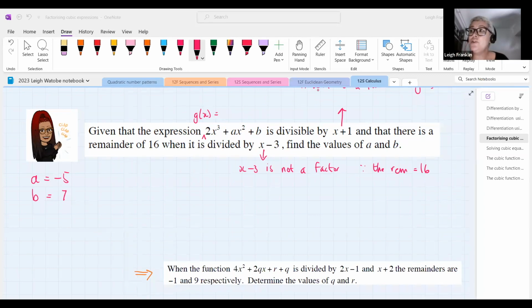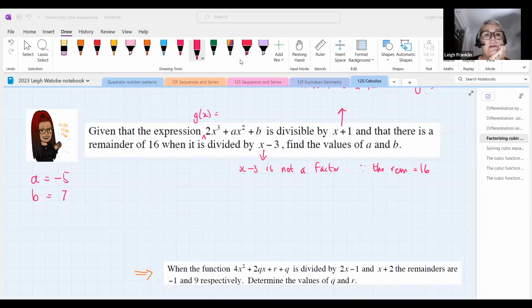The other thing that you can do is solve by elimination if you want to. That's a method I quite like, and I often use it. There we go, perfect. Okay, so A is -5 and B is 7. Good job.